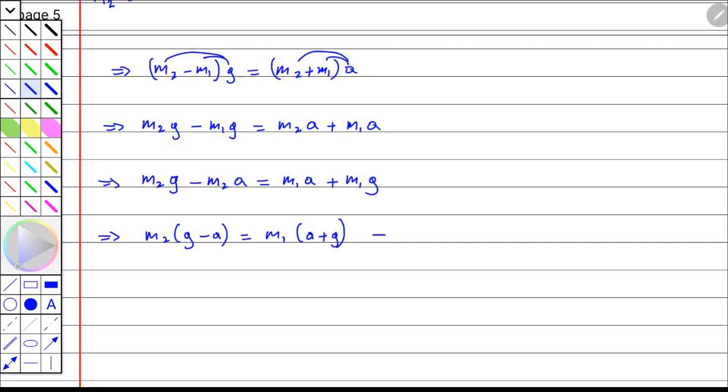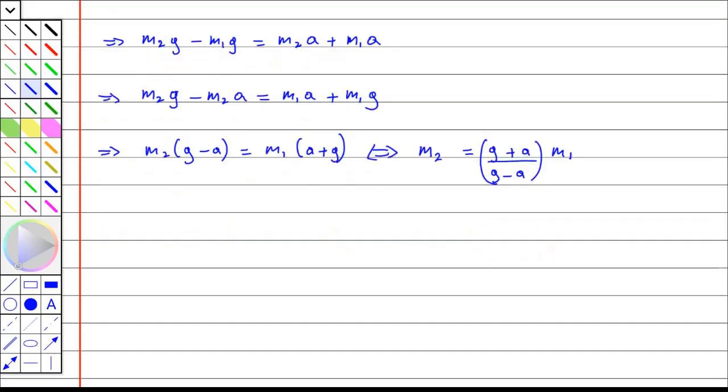So we are left with a relationship of M2 equals G plus A divided by G minus A times M1. So we solve our formula to the unknown or the target of the exercise. So once we solve for our target, only then we are able to make our substitution. So let's go ahead and do that.